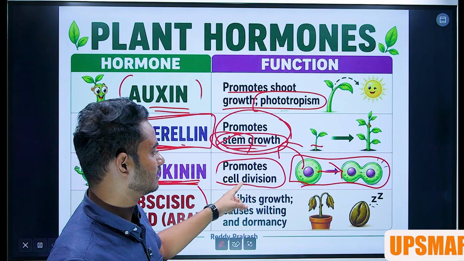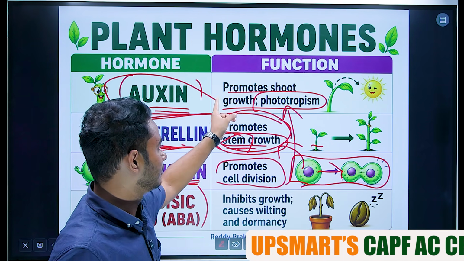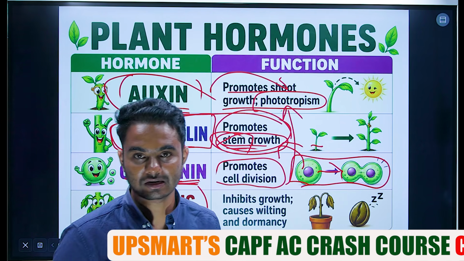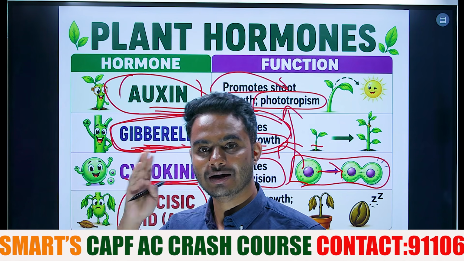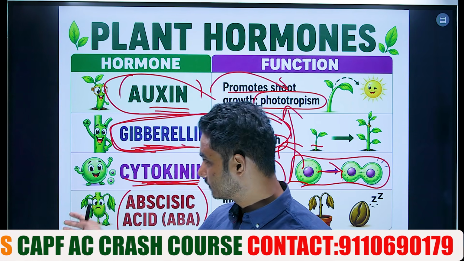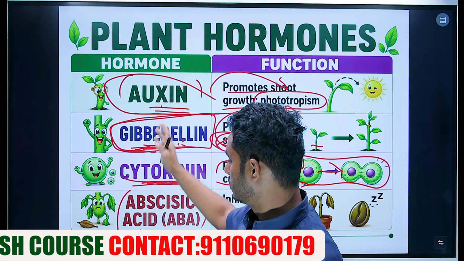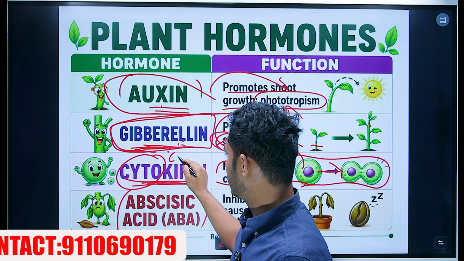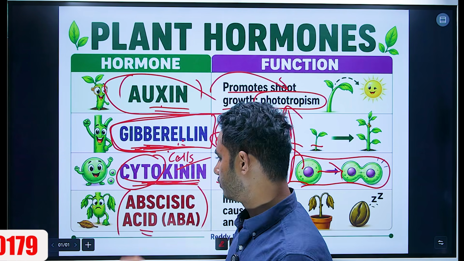If cytokinin cell division happens and the shoot has to grow, then auxin will help in shoot growth. The interconnections are important, not for the examination, but for your understanding of the concept. Gibberellin for the stem, auxin for the shoot, cytokinin, cyto means cell. Now you will remember, cell division is by cytokinin.